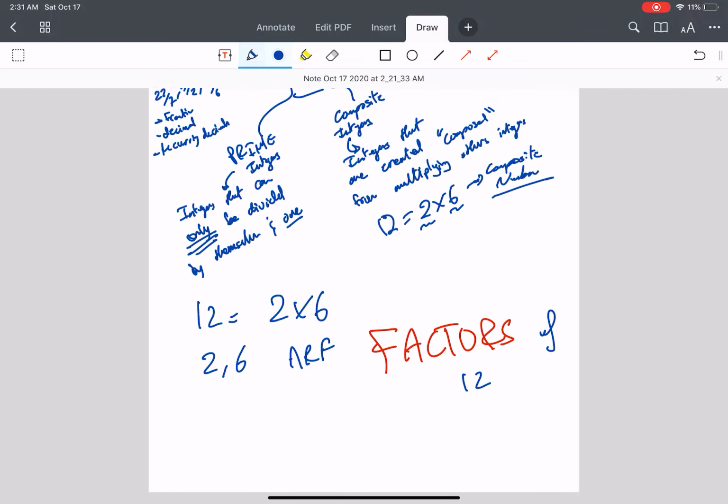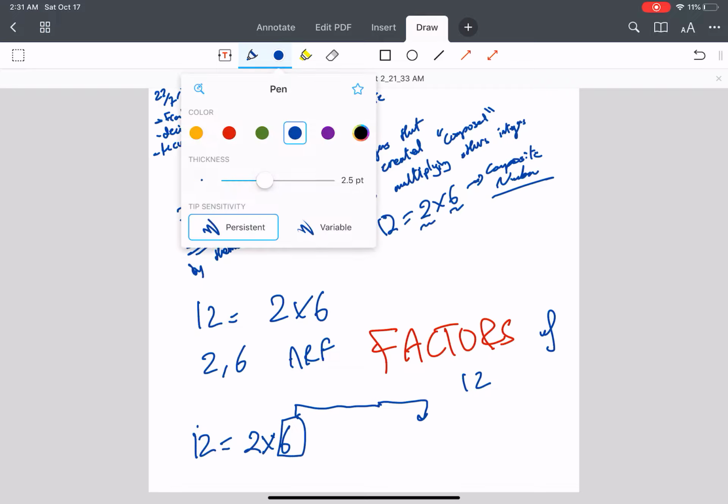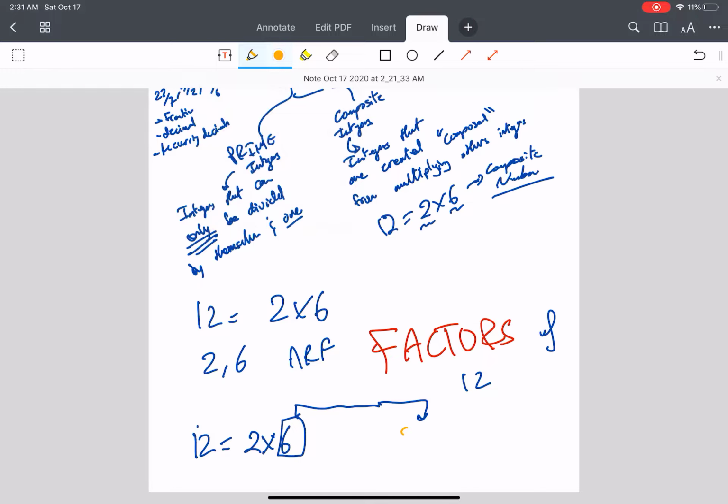We can also write 6 as 2 times 3, so we can write 12 as 2 times 6 or 2 times 2 times 3.